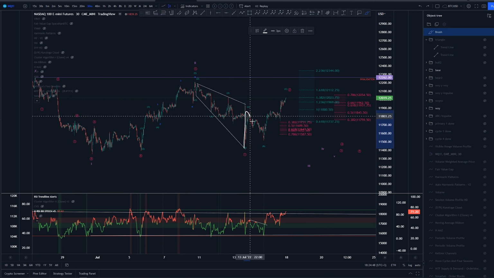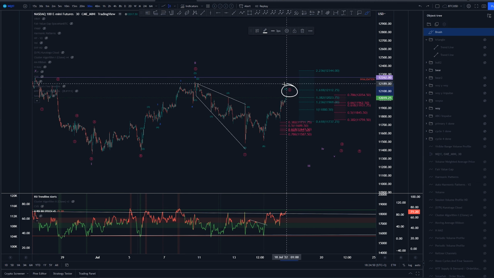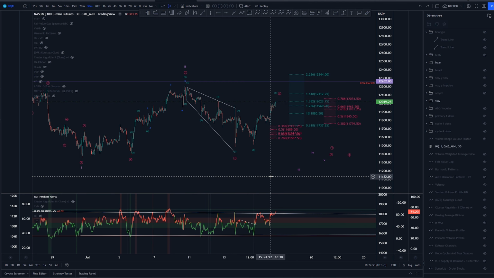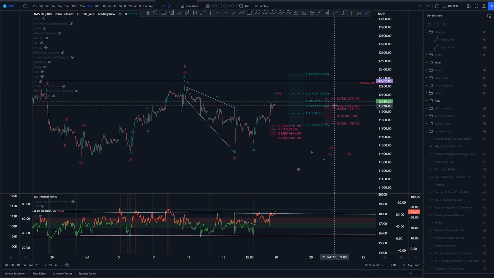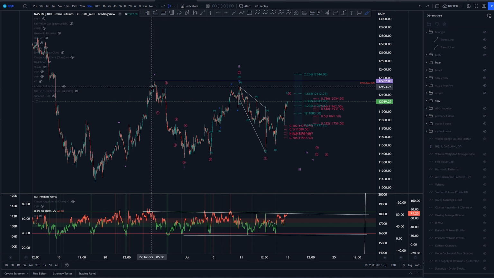Then we would have A, B, and C coming up higher for the wave 2. Now what makes this again less likely is that we have gone beyond the golden pocket here on the retracement. And yeah, again, how many less likely options do we need here on this structure? I don't know, but again, very unlikely overall structure to be happening.